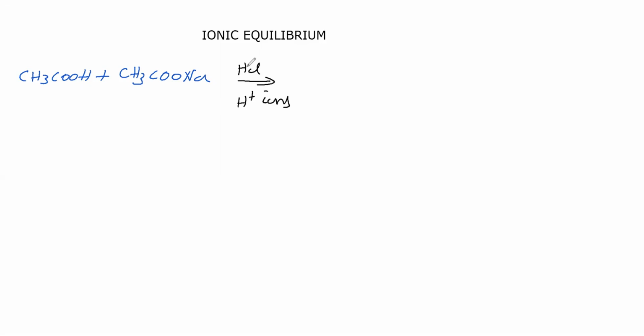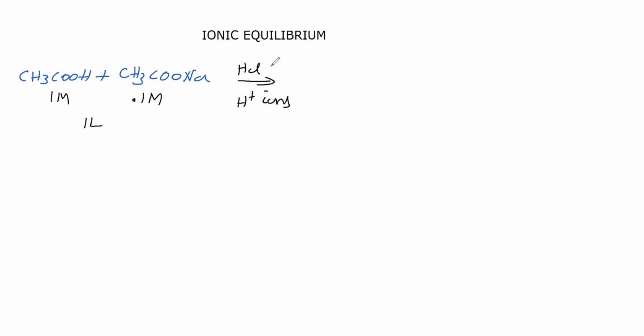So we are adding HCl, that HCl gives H plus ions, and those H plus ions will be removed from the solution. How does this buffer solution remove the added H plus ions? That we will see. Now we will consider acetic acid 1 molar, sodium acetate 0.1 molar, and the buffer solution is 1 liter.